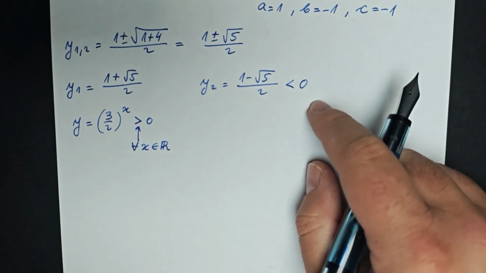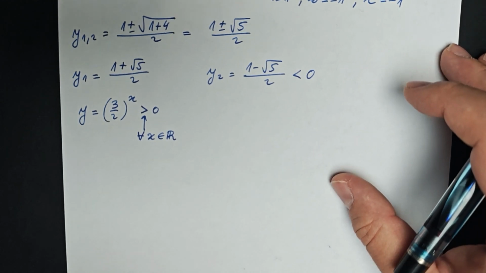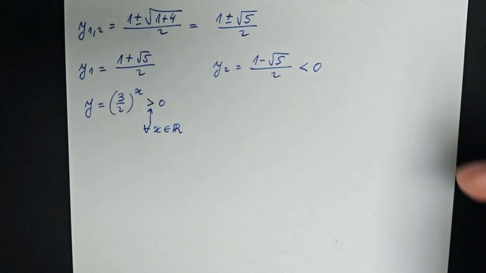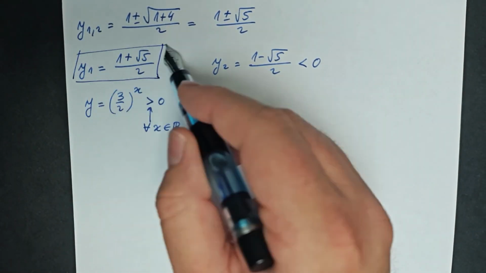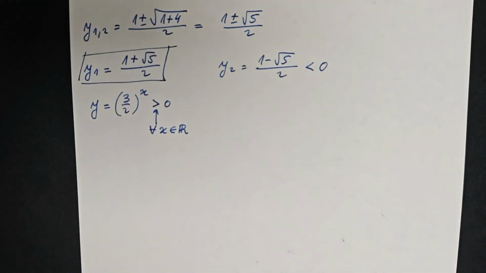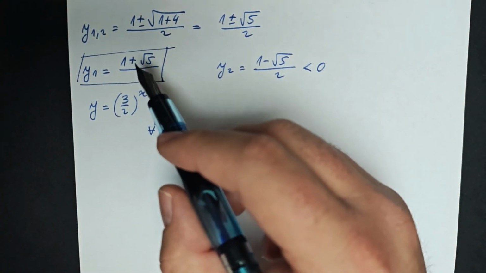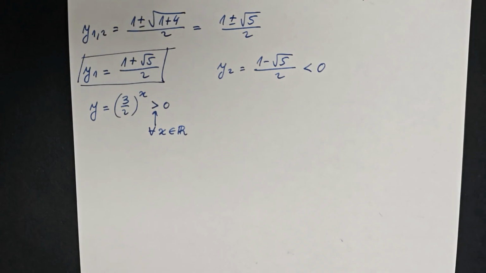This is going to produce complex solutions. We are going to throw that away, and the only solution that we have now is that y1 is equal to 1 plus the square root of 5 divided by 2. And if you recall, this number, 1 plus the square root of 5 over 2, is a special number in mathematics. We call it the golden ratio.